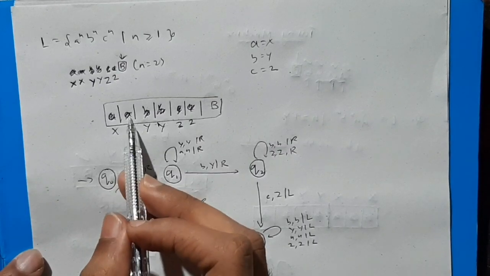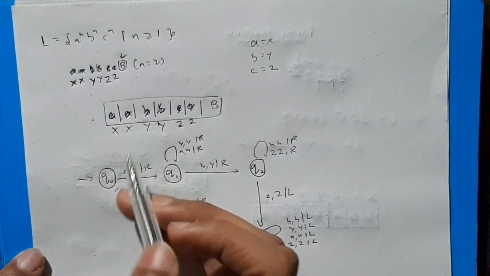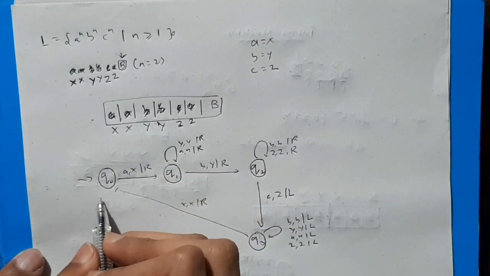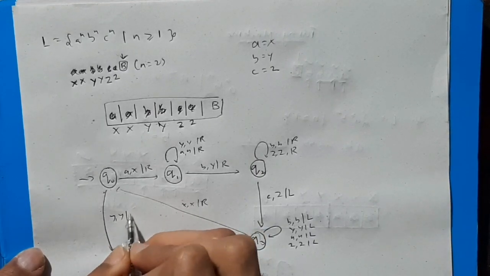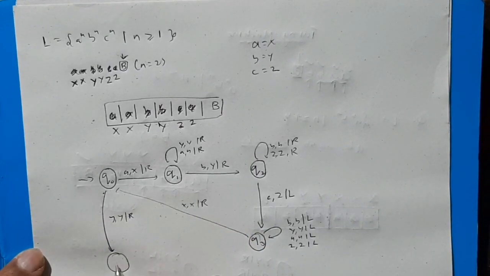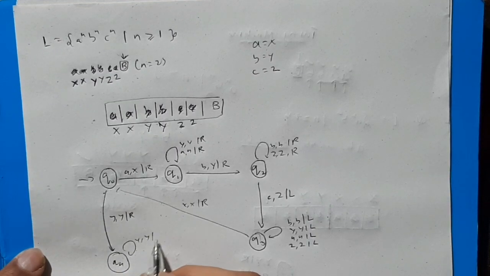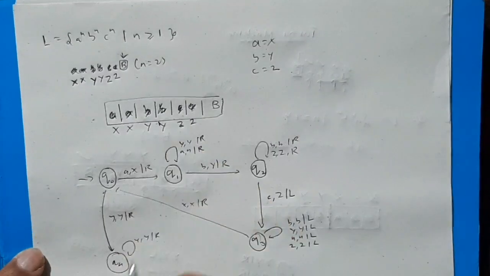So here after X, if there are no more A's, what I'll reach is Y. If after this point I reach Y, that means the string has ended. So I have to mark here for Y, so I'll make here Y, Y, R. I'll move to this state which is Q4, and here I'll ignore the n number of Y's, followed by Z also.